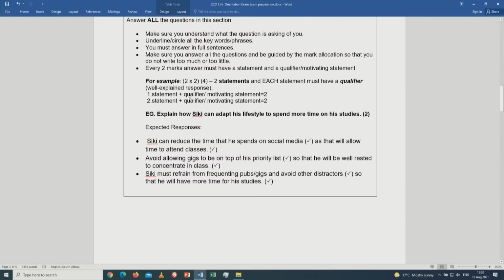And sometimes the mistake that learners make is that if it says 2 times 2, 4 marks, they will give us 4 statements thinking that they will get 4 marks. What then happens is that the teacher will mark the first 2 statements and disregard the last 2. And then the teacher will cross out and write "exceeded the number of required responses", ENRR.